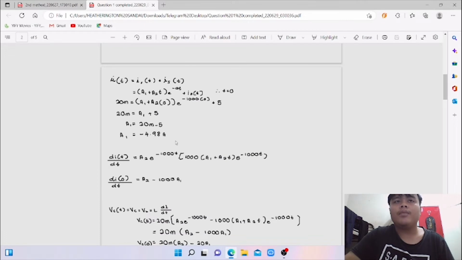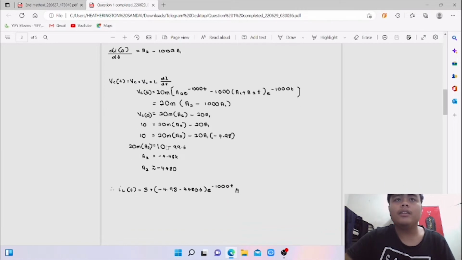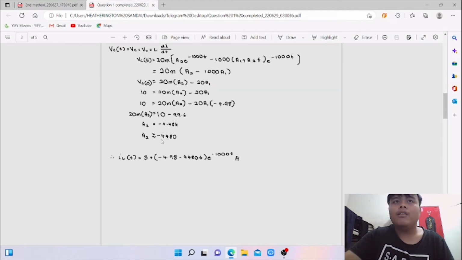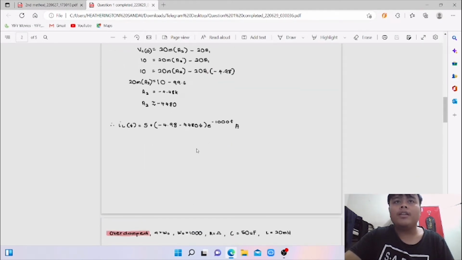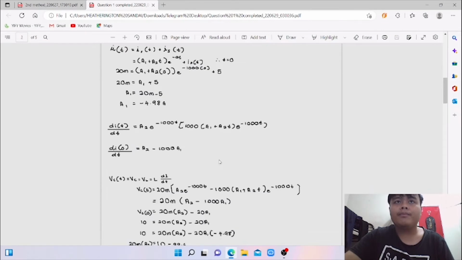Then this is V total, and this is 480, for A2. From here we need to change A2 to negative 4480, exponent negative 100, amperes. So this is IL for critically damped.